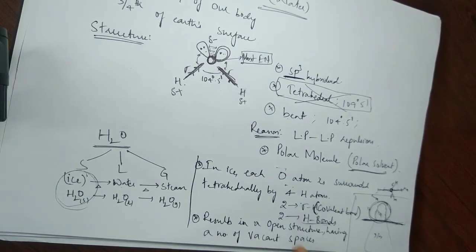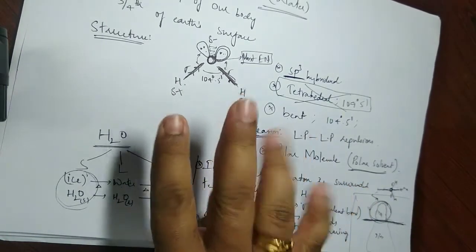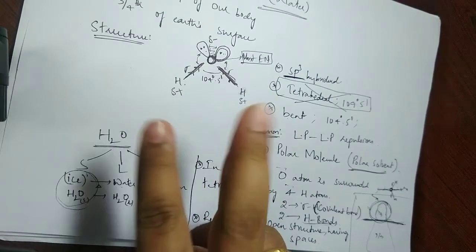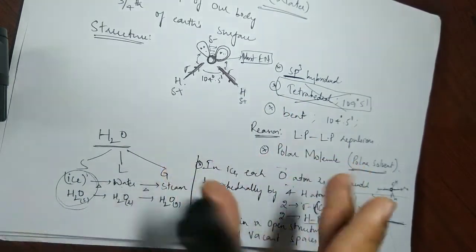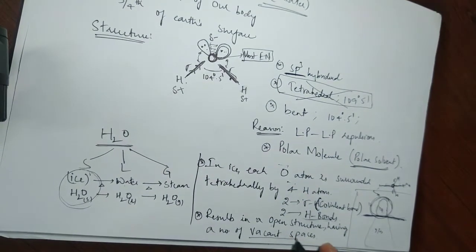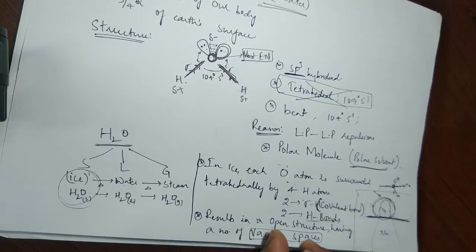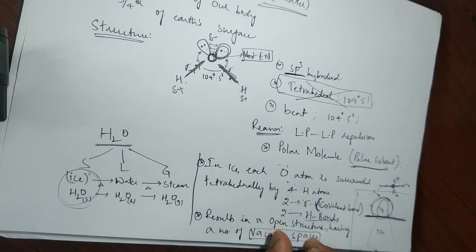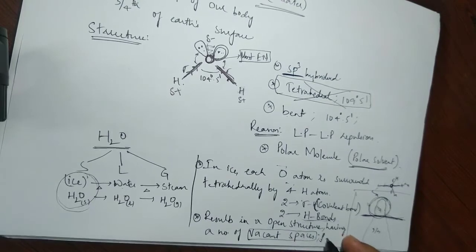Between one molecule and another there are huge amounts of empty spaces when they are hydrogen bonded like this. In ice, each oxygen atom is surrounded by 4 hydrogen atoms, 2 covalently bonded to itself and 2 hydrogen bonded to other molecules. These empty spaces between the molecules are the reason the density is less.